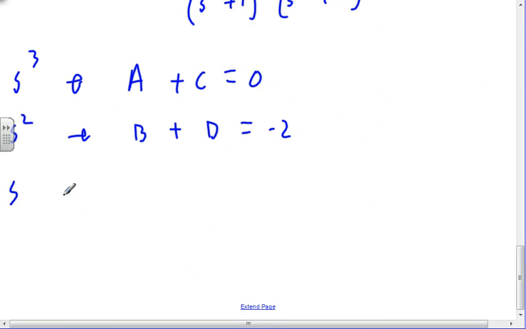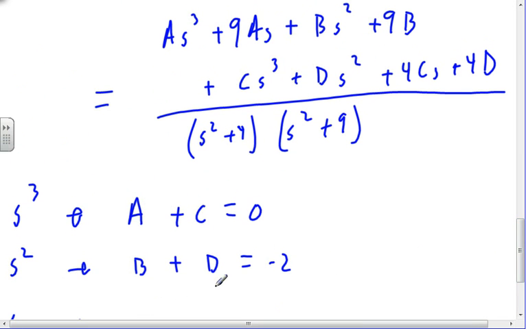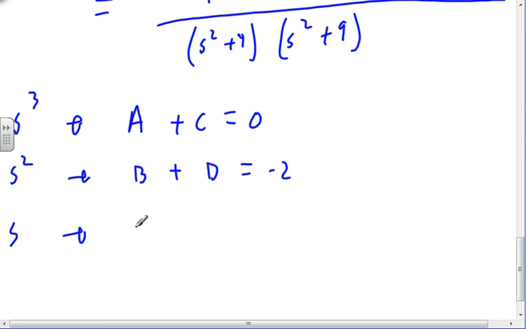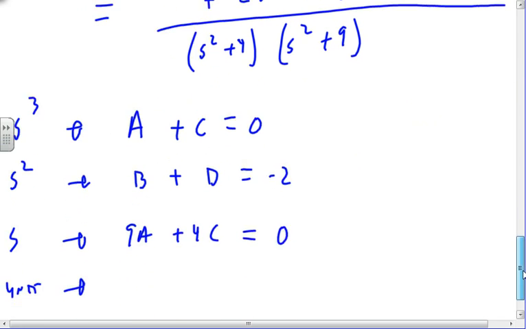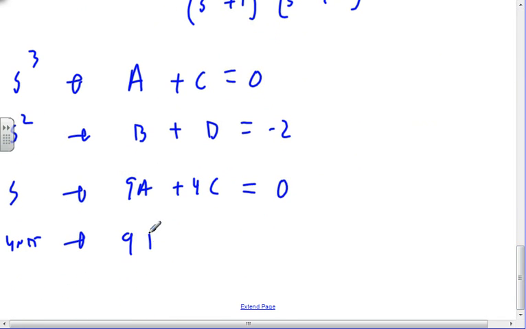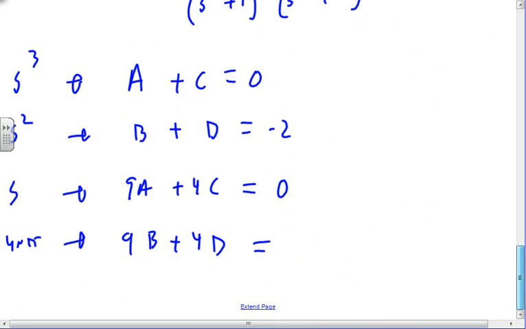And I look at the s term, and I find that 9A plus 4C is equal to 0. Yep. And then I have a unit term, and the unit term would be 9B plus 4D is equal to minus 75.